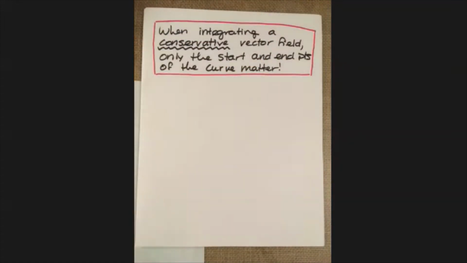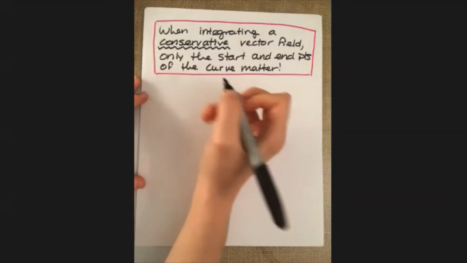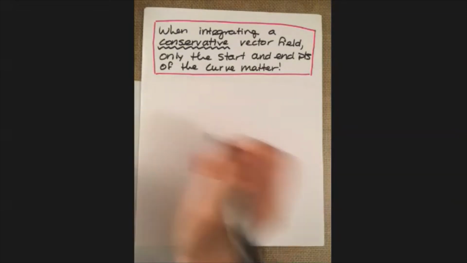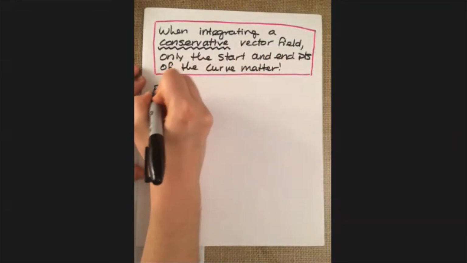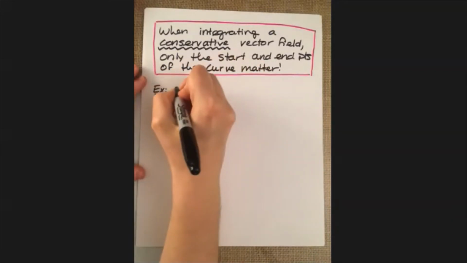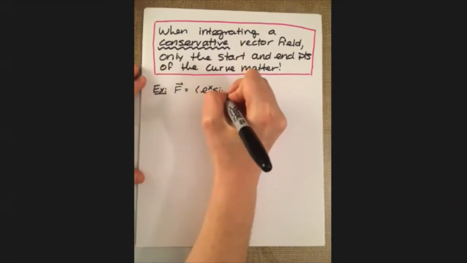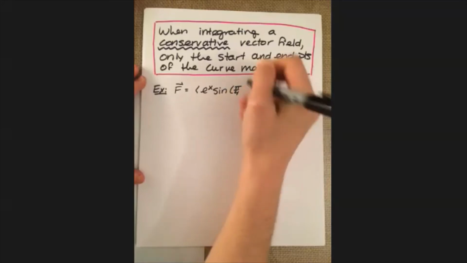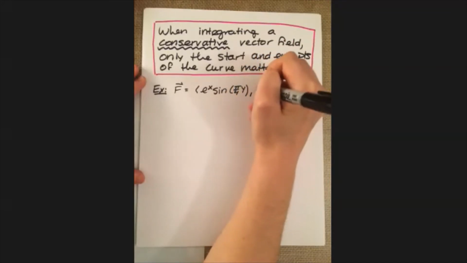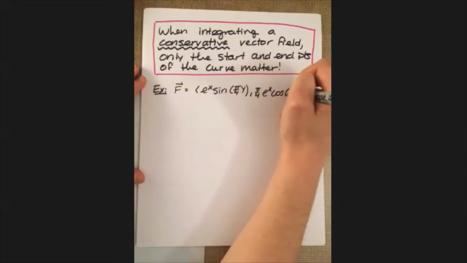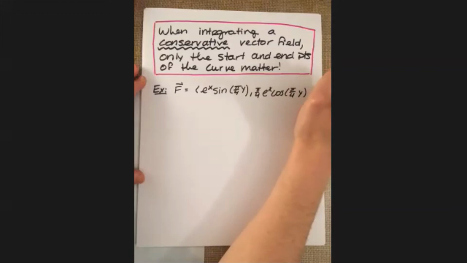And let's actually explore that a little bit farther with an example that's got even more moving pieces to it. So in this example here, I'm going to have my vector field be equal to e to the x sine of pi over 4 times y, and then pi over 4 e to the x cosine of pi over 4 times y.